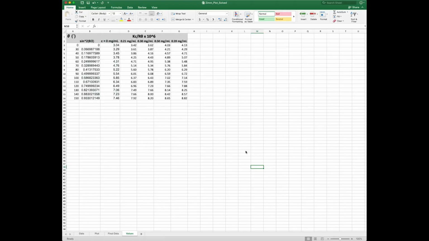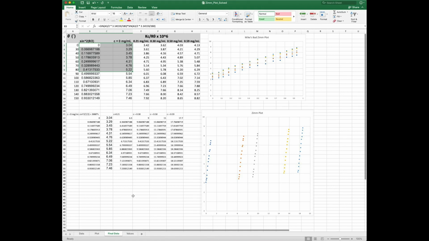Okay, so realizing that everybody has the same value for the y-intercept here, notice that going across at a constant angle of theta equals 0, there are only 5 points, corresponding to the 4 concentrations that we measured and the 1 concentration that we extrapolated to.